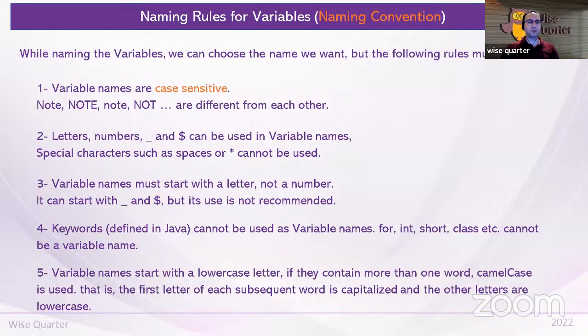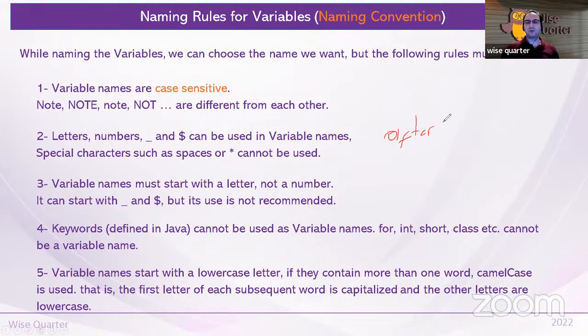This is also important, the naming. When you are planning to give a name to a variable, the first letter should be lowercase. And after that, for example, if you want to write another word after this one, you cannot use space. It's very important. Using space is forbidden in coding.